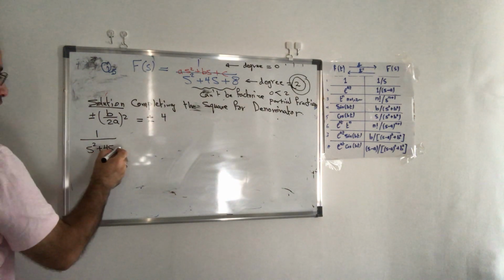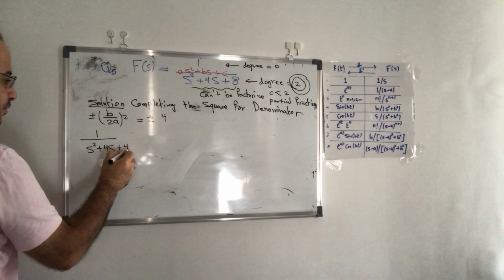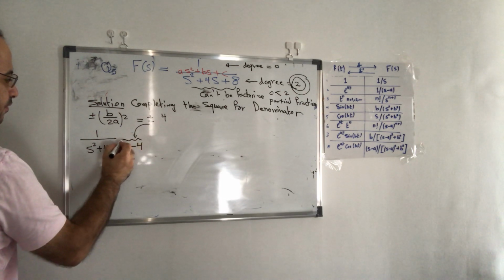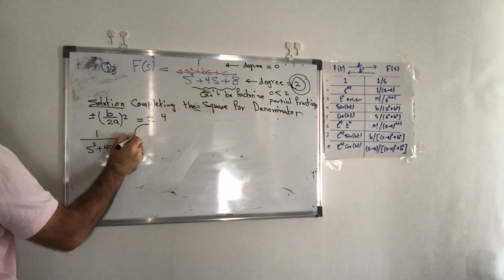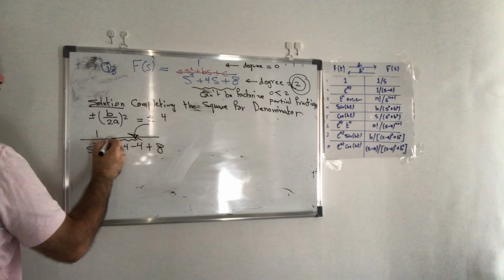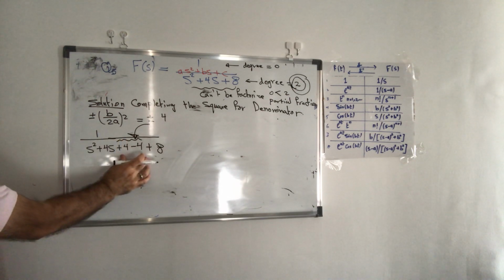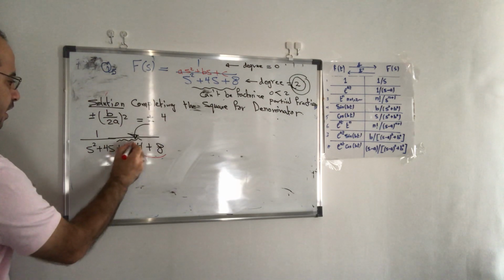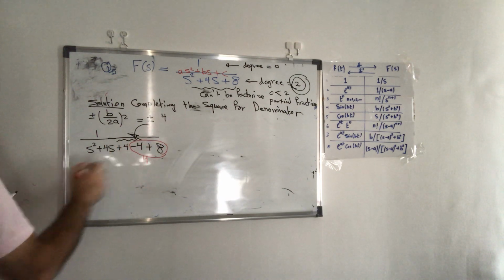And now you are adding 4 and subtracting 4. And that is the 8 that we already have. So I'm adding and subtracting 4, and I combine these things together, which will give me a 4.